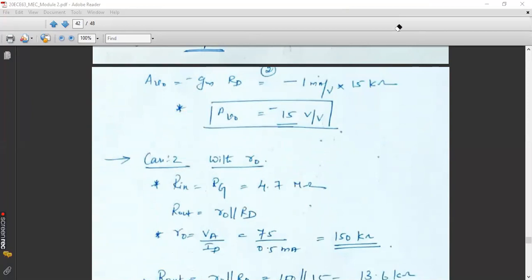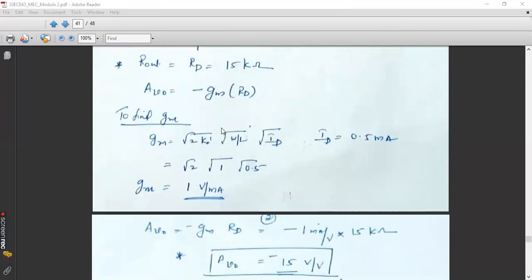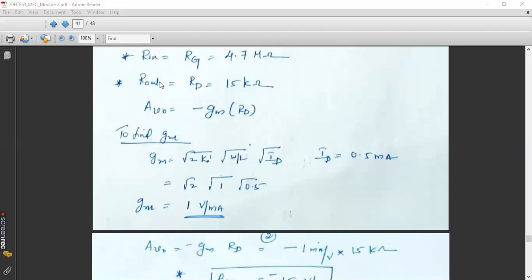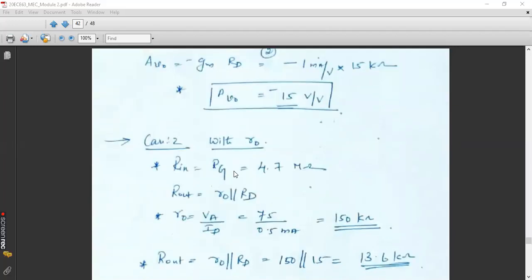Whereas R out, unlike the previous case where I considered only RD as R out, now we are trying to incorporate the effect of small letter R0 as well. So R out is equal to R0 parallel RD, but R0 is unknown for us, so we have to find R0.